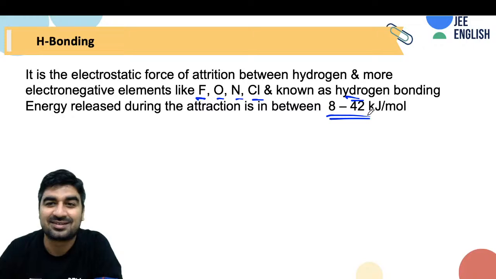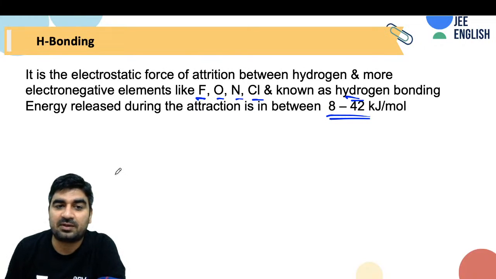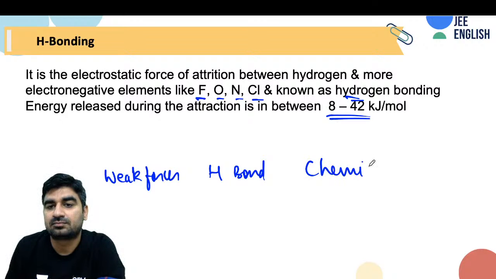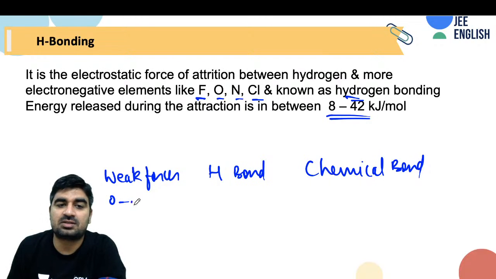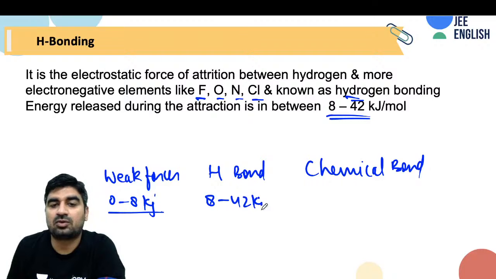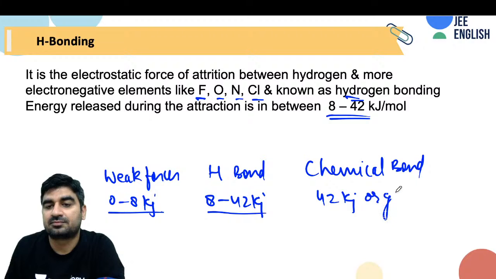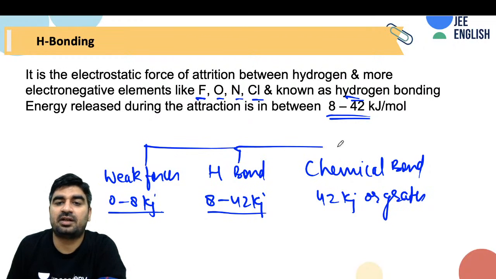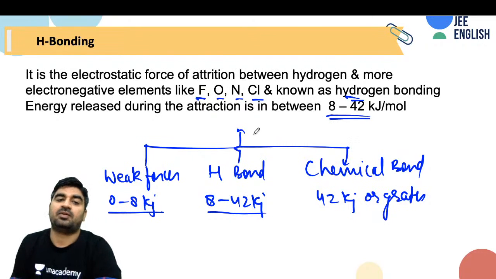We divide forces into three parts: weak forces, hydrogen bond and chemical bond. If the energy release is 0 to 8 kilojoule, it is a weak force. 8 to 42 kilojoule, it is a hydrogen bond. 42 kilojoule or greater, it is called a chemical bond. So we have these three types of forces.